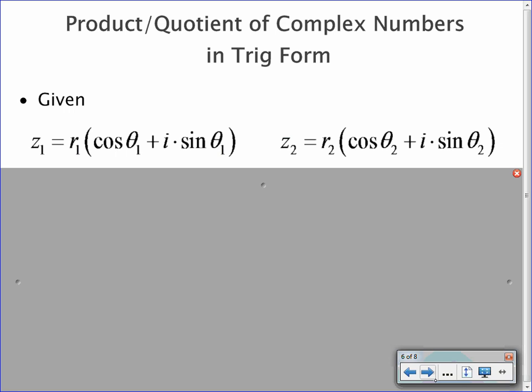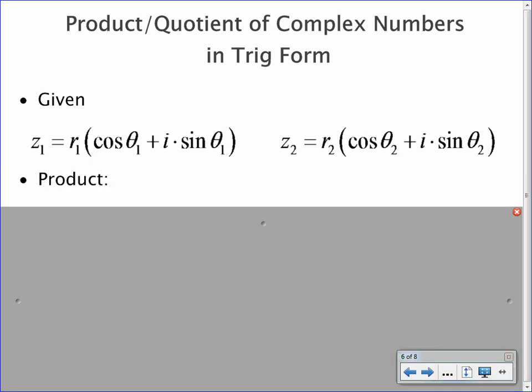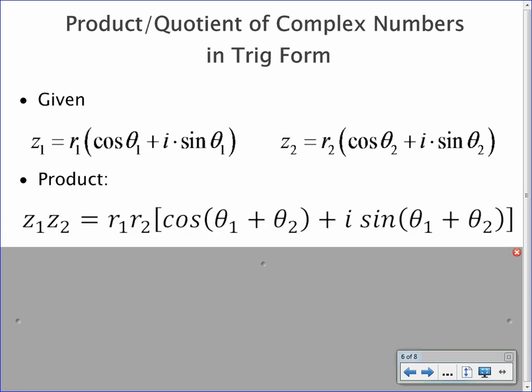Complex number 1, complex number 2. Okay? So if your complex number is in trig form, then to multiply the two of them together, all you have to do is multiply the r's and add the angles together.